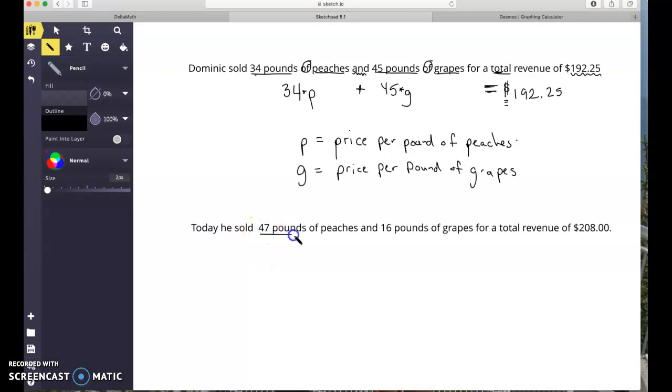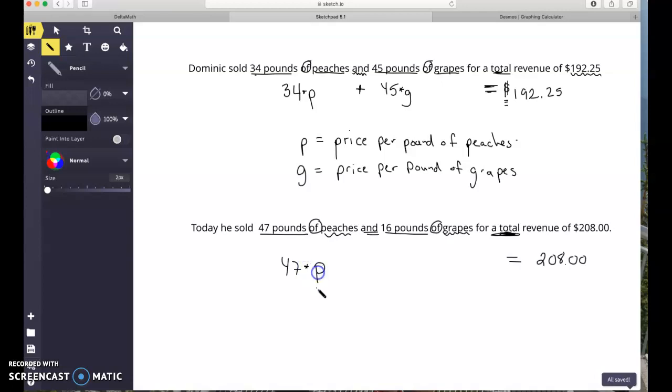So he has 47 pounds of peaches and 16 pounds of grapes for a total revenue of $208, right? So we know the total revenue of $208 is on the right-hand side of the equal sign. I can do my same deal. I have 47. The word "of" typically means multiply.